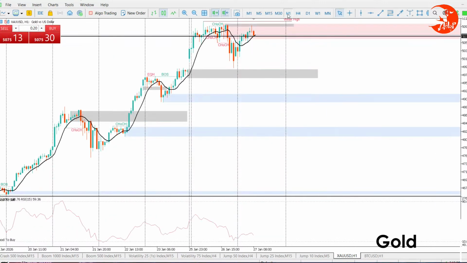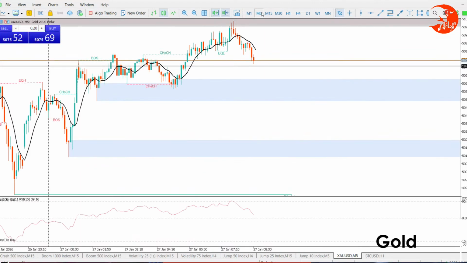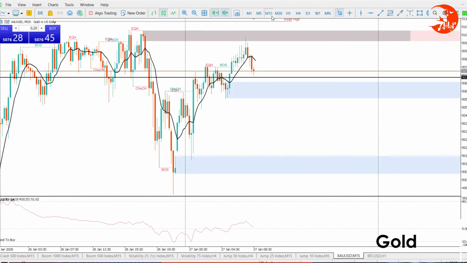Until then, we can sell it according to M15, hopefully. Not yet though. We have to wait for M15 to be ready for the sell.